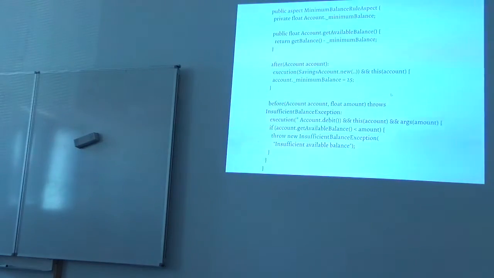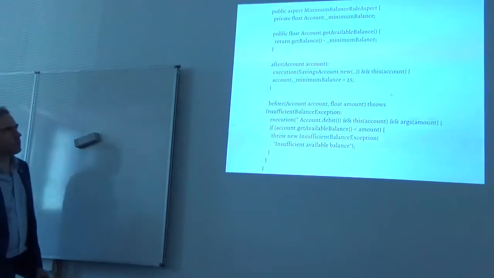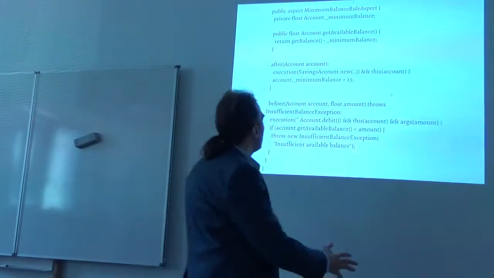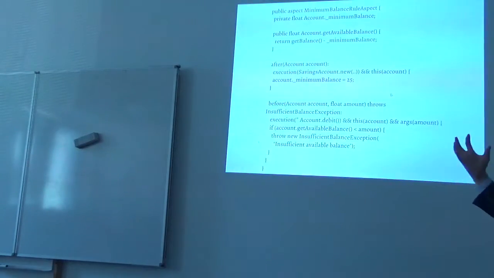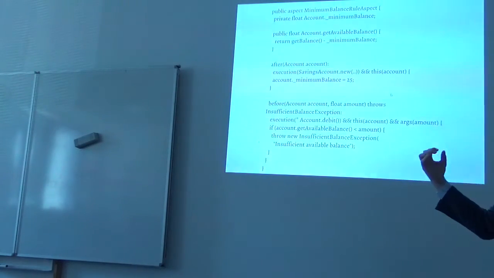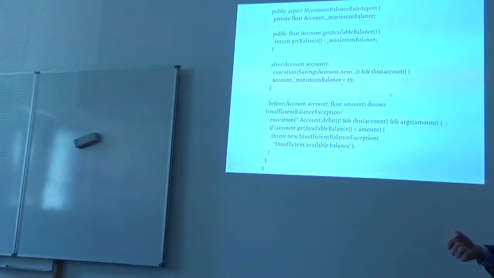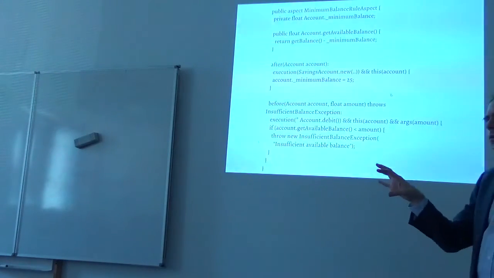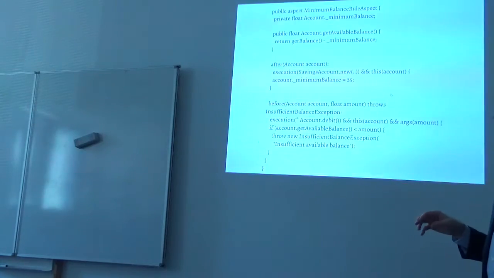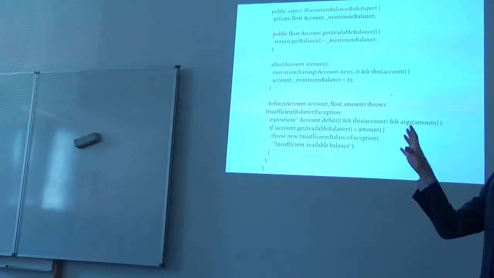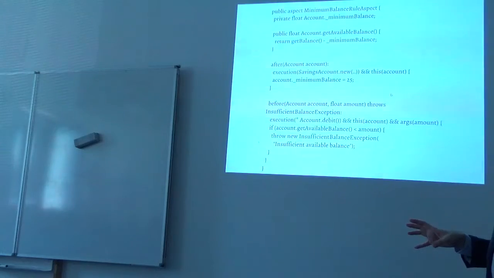But with the minimum balance rule, we go beyond object-oriented programming and implement the whole thing as a kind of plug-in, plug-out thing. So you put this aspect in or out as you wish. You don't have to affect other parts of your code. Otherwise, variable features are often affecting many places all throughout your software system.